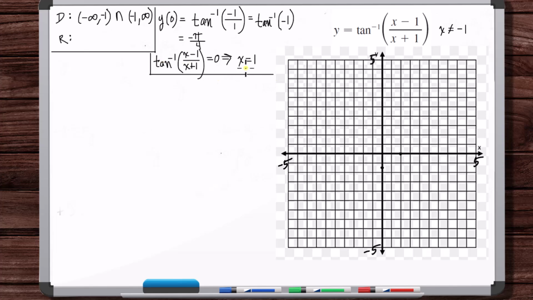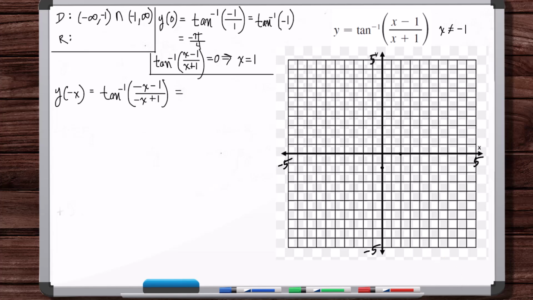Now let's look for symmetry. Is this an even function? So y of minus x is equal to, so (minus x minus 1) over (minus x plus 1).